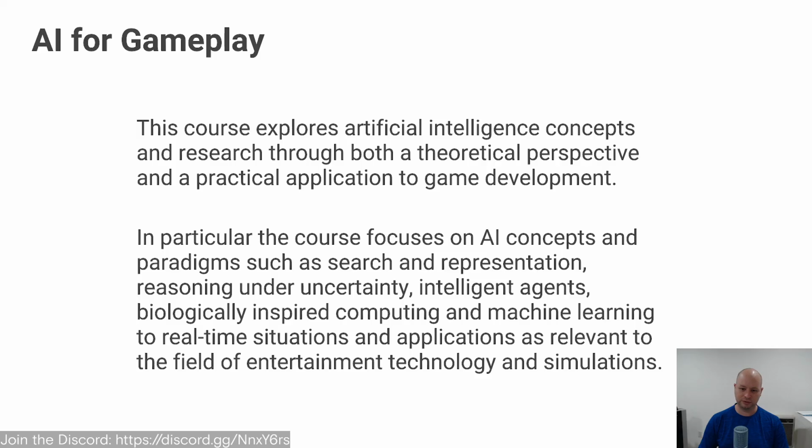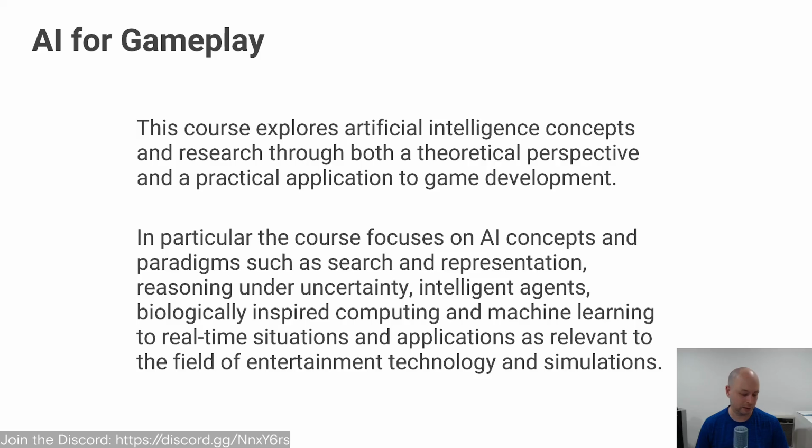This course focuses on a lot of traditional AI concepts such as search, and how you represent information in the context of a system that has to make decisions. More specifically, we're going to be making decisions under uncertainty, so algorithms that have to weigh the pros and cons of making a particular decision, as well as doing so in the context of an environment, or what are called agents acting inside of an environment, making decisions that impact their surrounding environment that they then have to react to.